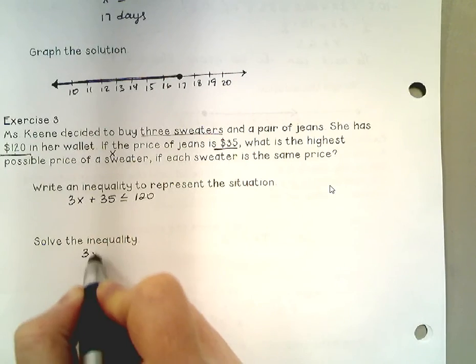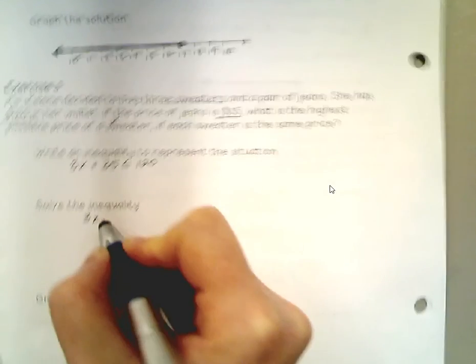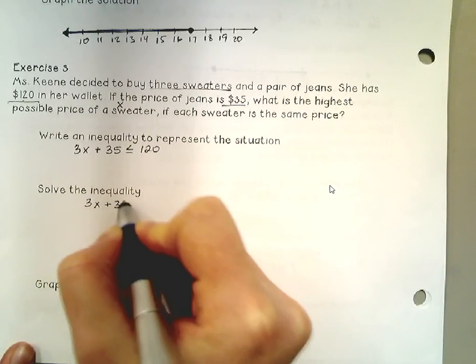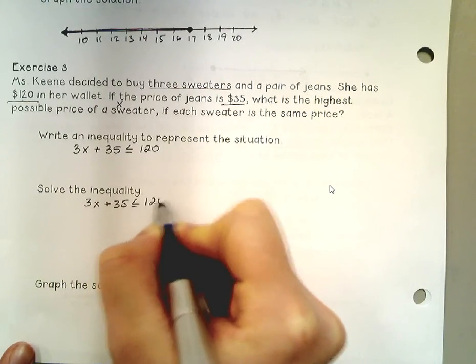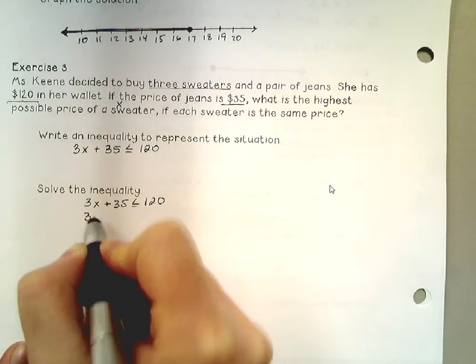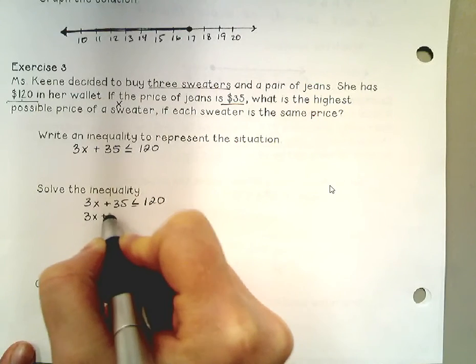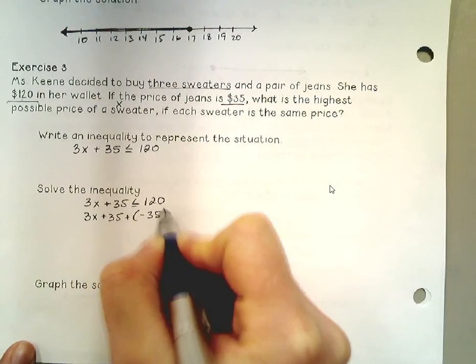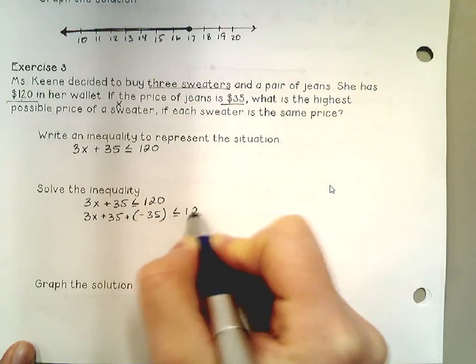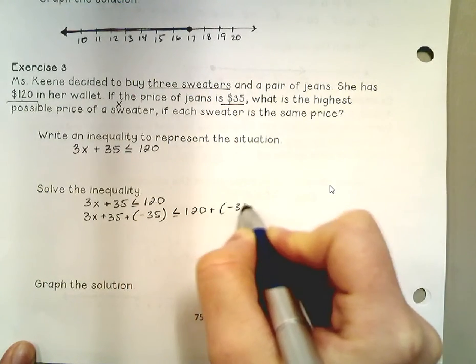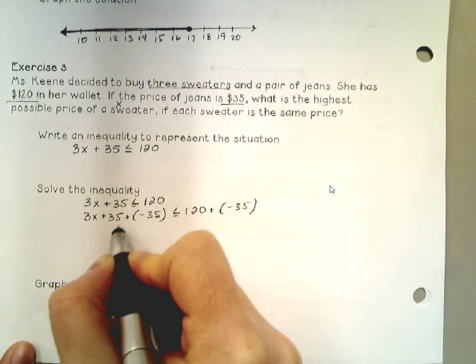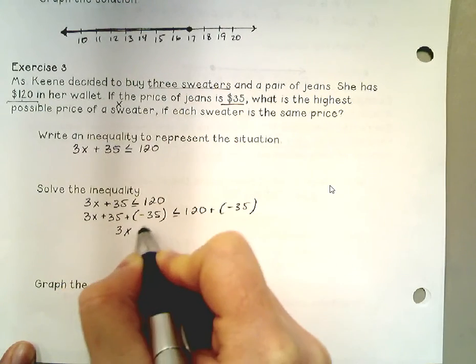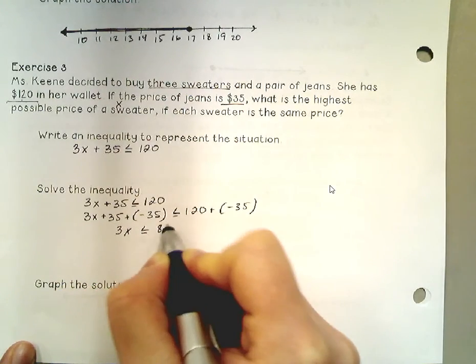So let's go ahead and solve it. 3x plus 35 is less than or equal to 120. And then I add the opposite, negative 35, to both sides. So I will have 3x is less than or equal to 85.